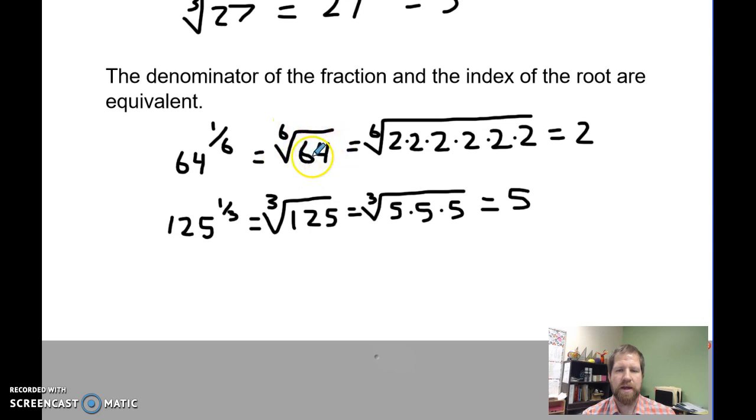And then you break that up: 64 is actually 2 times 2 times 2 times 2 times 2 times 2, or 2 to the 6th. If it's 2 to the 6th, then the number that, when you multiply it by itself 6 times, equals 64, is 2. Again, this process is going to be done by your calculator.